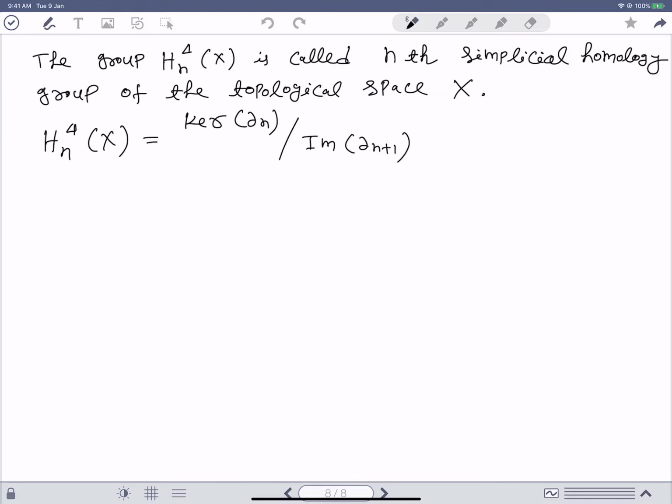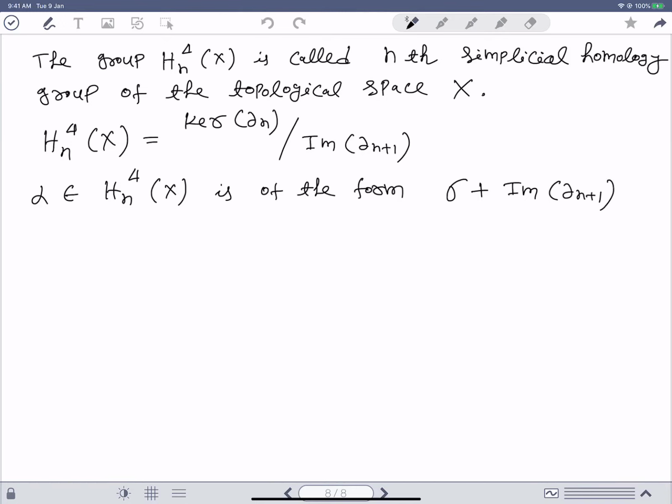So any element, say alpha, belonging to Hn delta X is of the form sigma plus the image of del n plus 1, where sigma, which is an element of the kernel of del n, is an n cycle.